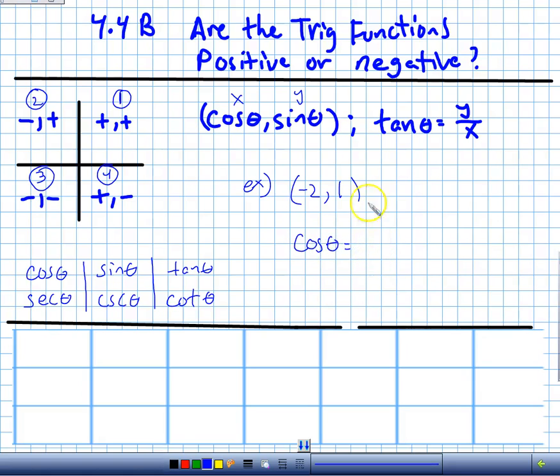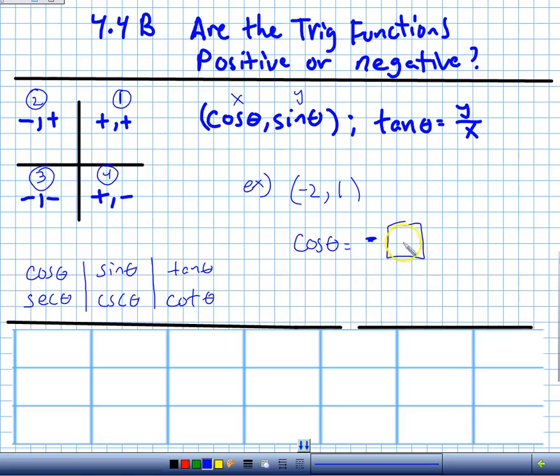Right away you're going to be able to tell the sign of cosine. Once again, you take a look at the x value, and we have a -2 there, so cosine is negative. Now it's not going to be -2, but it's going to be a negative fraction.